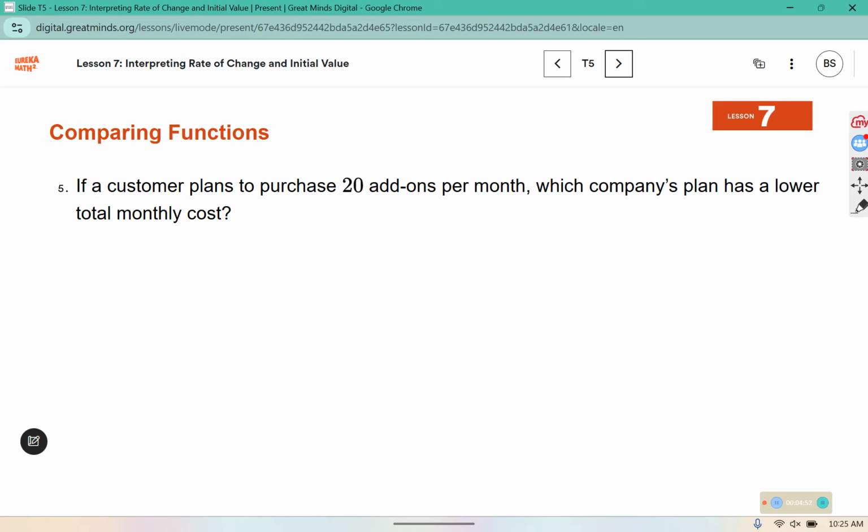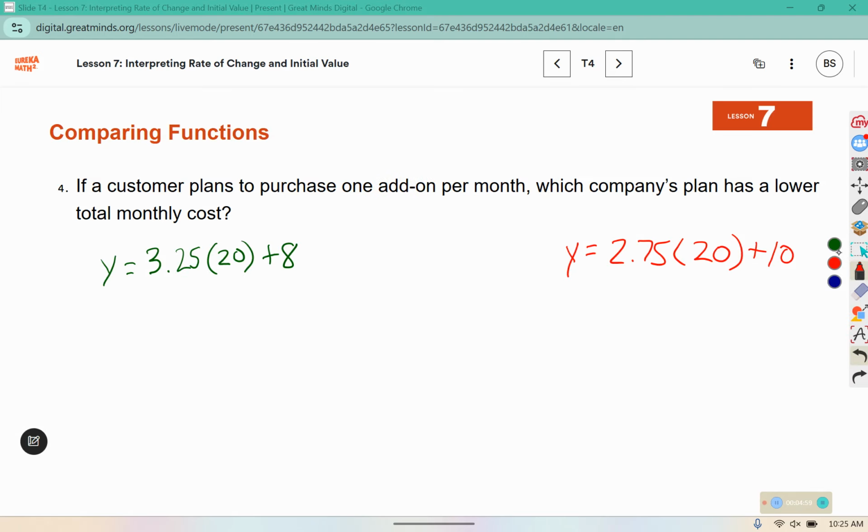If they plan to get 20 add-ons per month, which company plan has a lower total monthly cost? We will replace the x value in these equations with 20 for the 20 add-ons. 3.25 times 20 is 65, and 65 plus 8 is 73. 2.75 times 20 is 55, and 55 plus 10 is 65.